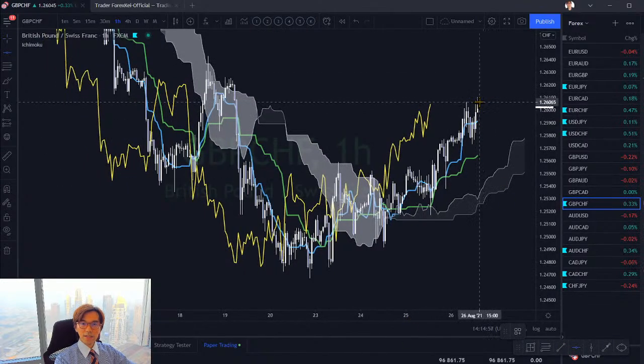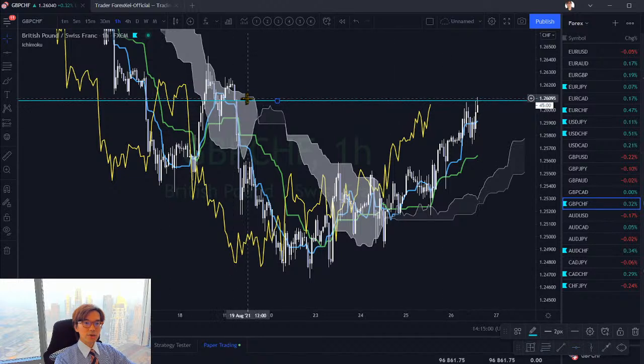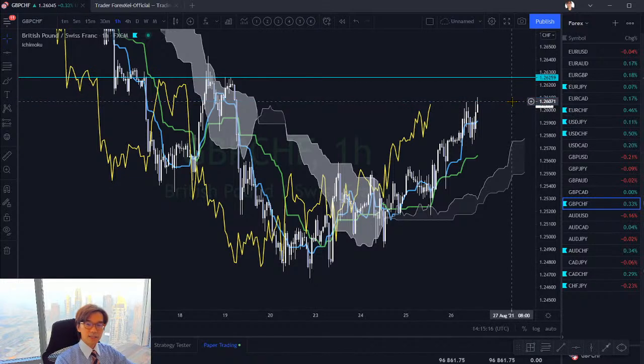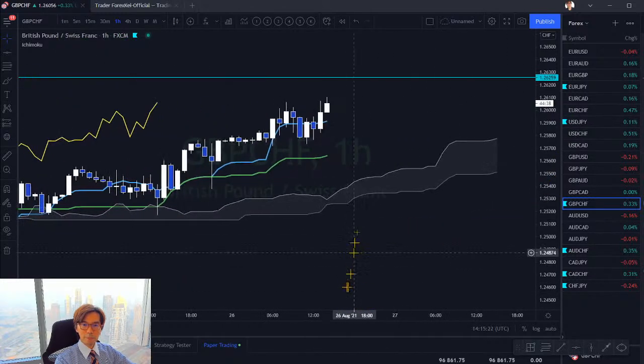And the current market is here. And we don't see any previous resistances at this level right now at 1.2607. The swing high, the previous high, was around here at 1.2625. So in that sense, I think this is a good market to be in. So let me just delete other pairs.